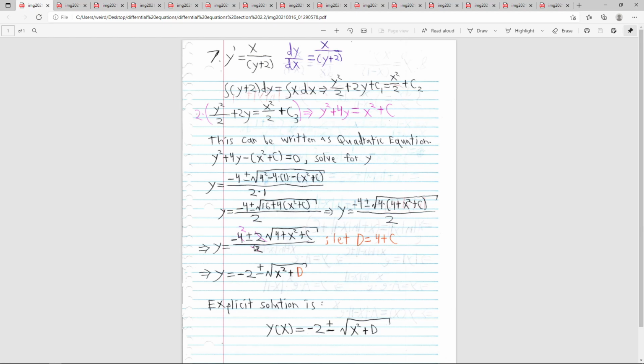So that cancels out the denominator. You get negative 2 plus or minus square root of 4 plus x squared plus c, but you can let d, another constant, equal 4 plus c, so it's x squared plus d. And that's an explicit solution. That's what it looks like. That's what they mean by possibly getting one, and it only happens in these types of circumstances when you're given something like that.